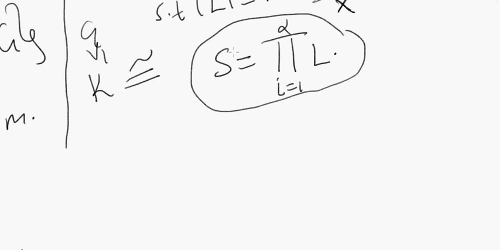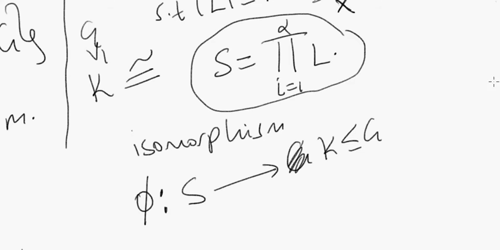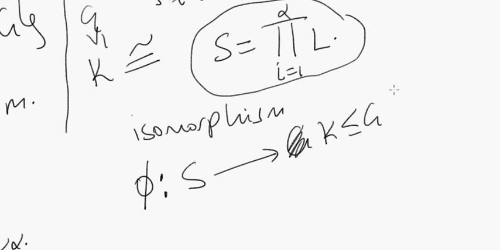So, in particular, can we define an isomorphism? Again, if you're unsure about isomorphisms, please look up the idea. Suppose we define an isomorphism phi from S to some subgroup K of G. What would it do?